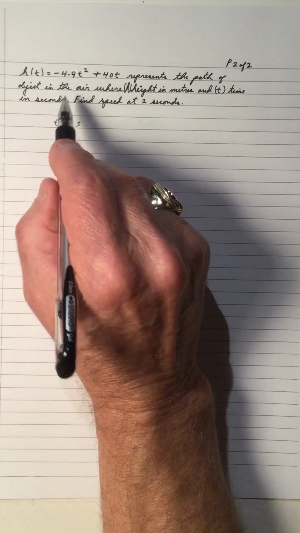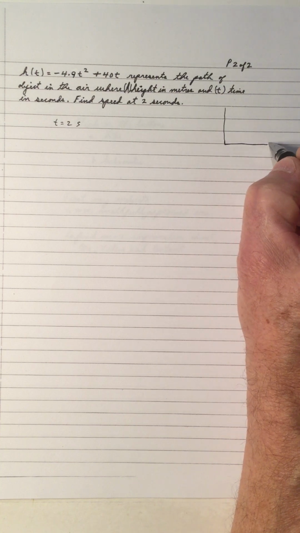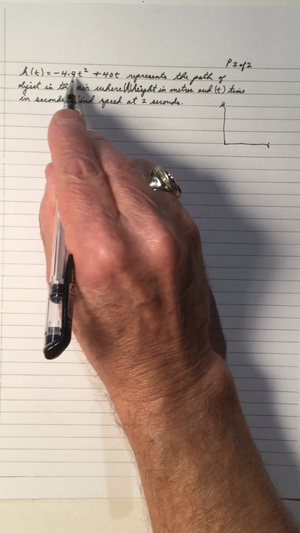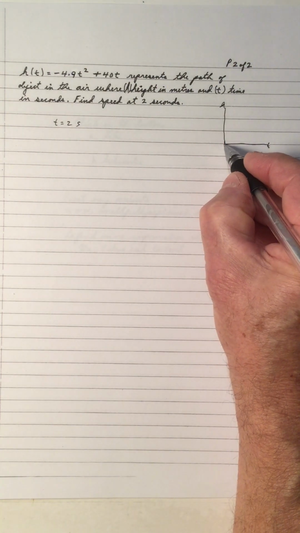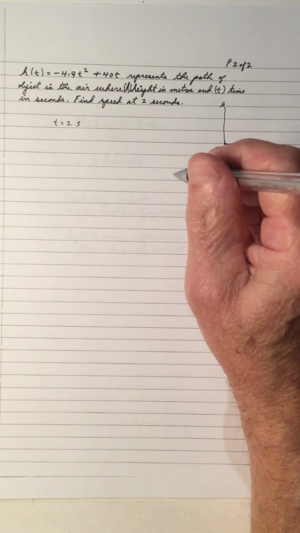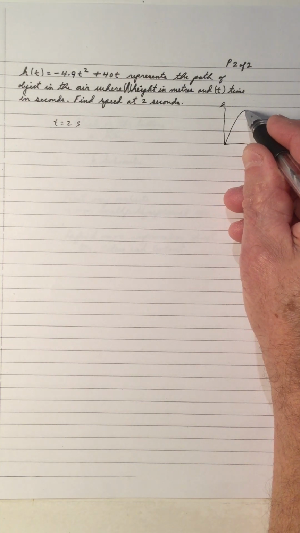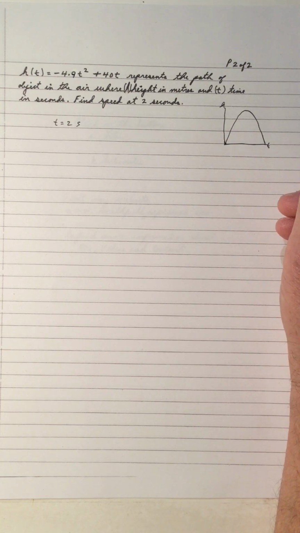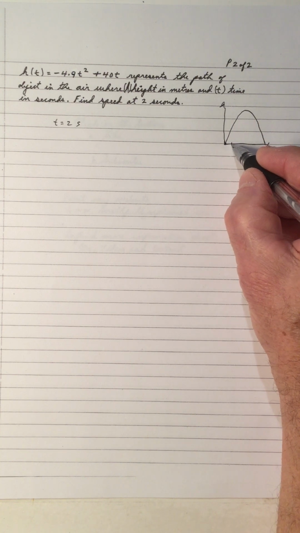If you let the time be 0, the parabola is starting, and the object is going up from the ground, hits a certain height, and then comes down. So we're trying to find the height at 2 seconds.